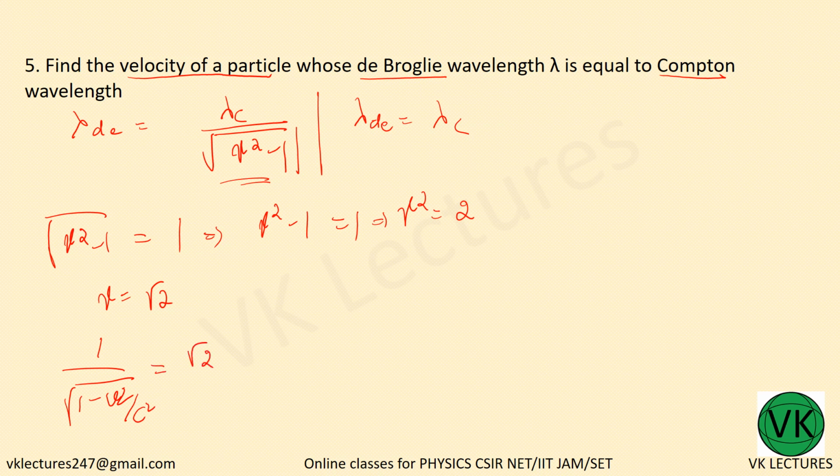root 2. Again you can take gamma square, which means 1 divided by 1 minus v square divided by c square equals 2. So 1 is equal to 2 into 2 minus 2 times v square divided by c square. So this becomes half. Bring this to this side.